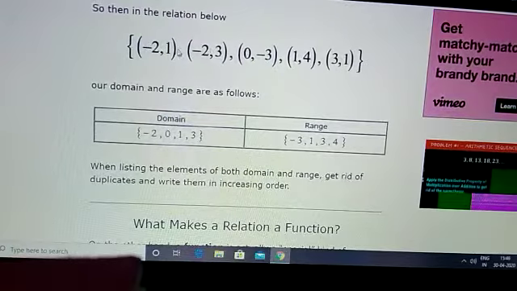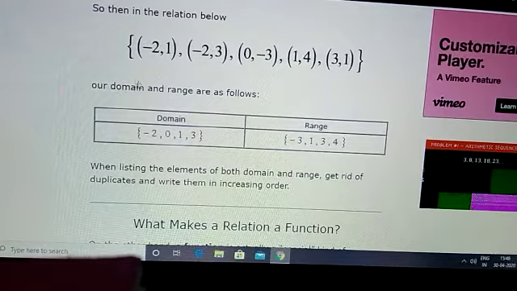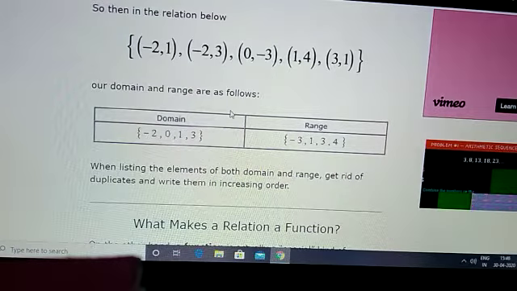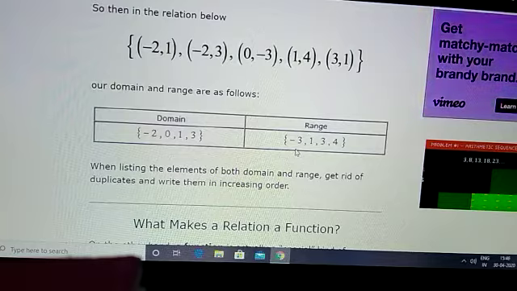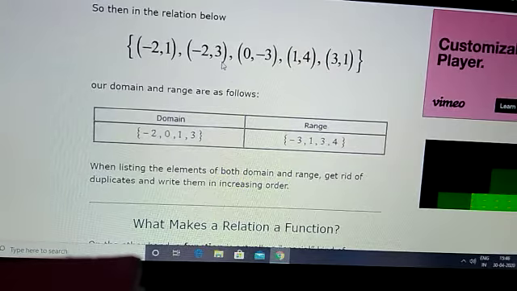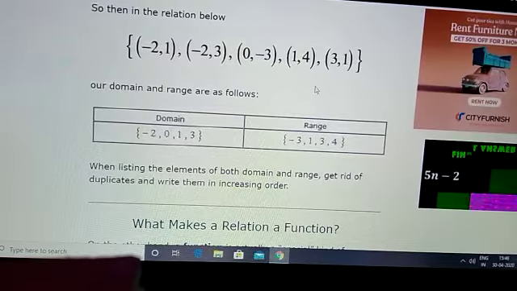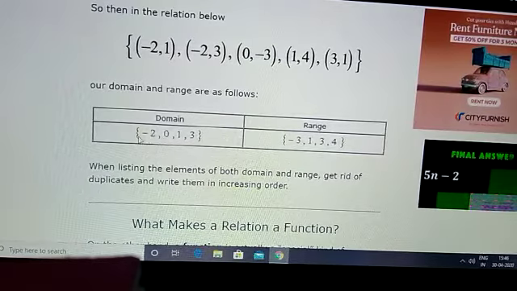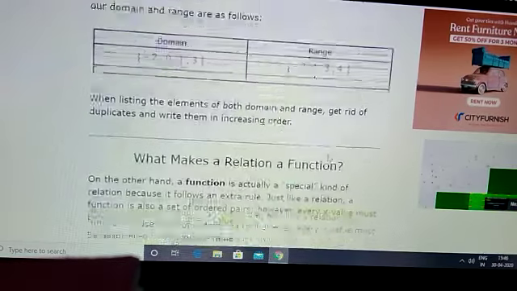This is the relation we have given, and the domain and range are written separately: -2, 0, 1, 3. Similarly, in the range section, 1, 3, -3, 4, because 1 repeats, so I have not written it again. The domain part and range part have both been understood.